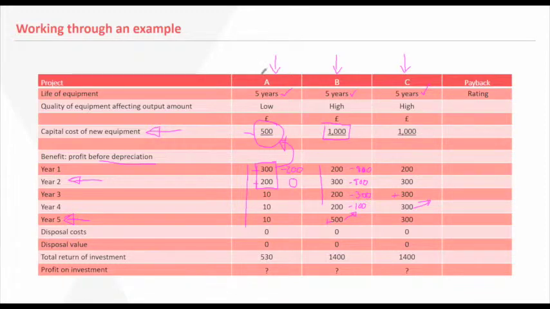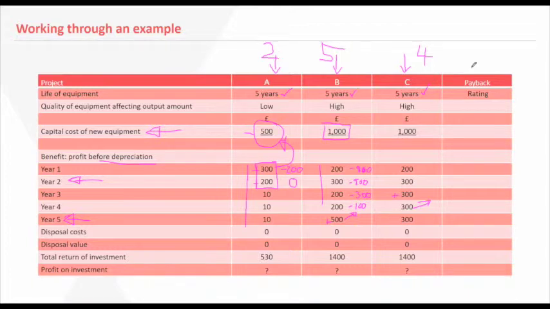So what we can see is that by doing this payback period, which keeps a running sum of whether we have paid back our initial amount, for project A, it took us 2 years. For project B, it took us 5 years. And for project C, it took us 4 years.